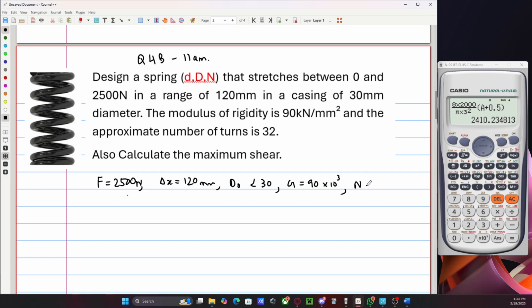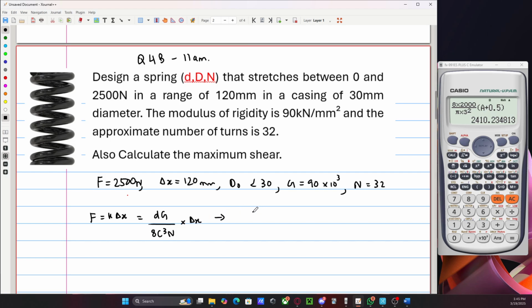And the approximate term, or N, is 32. Okay. So again, we have F equals K del X. And we know that K is equal to dG all over 8c cubed n, and then times by del X.